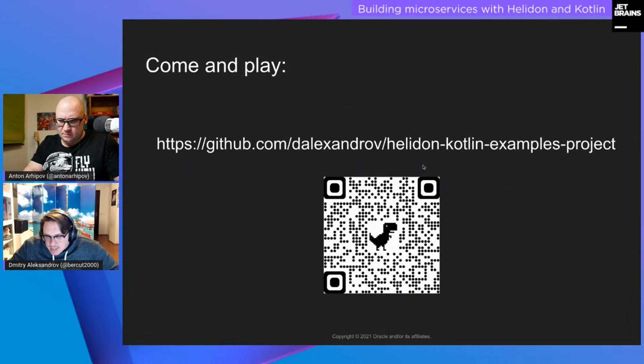And yes, I was a little bit short, maybe only 40 minutes, but all of that stuff I've demonstrated to you today, I have in my public Helidon Kotlin examples repo, which you can find under this URL.